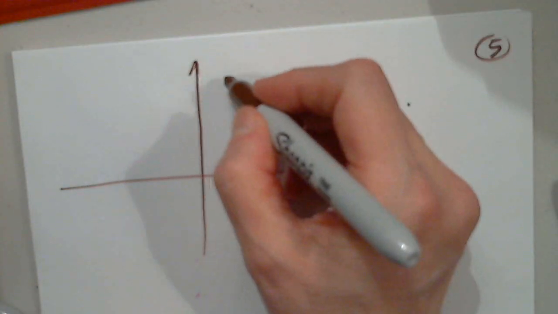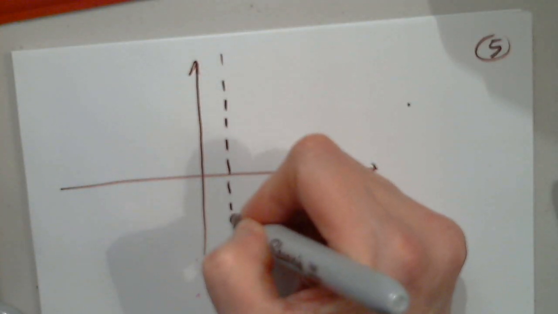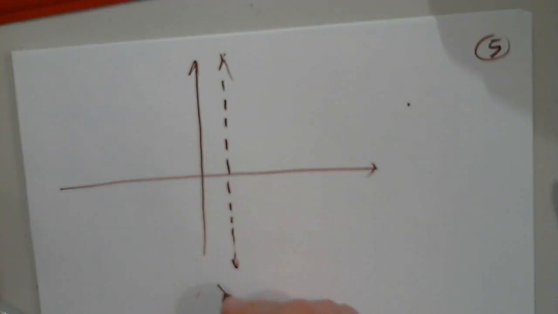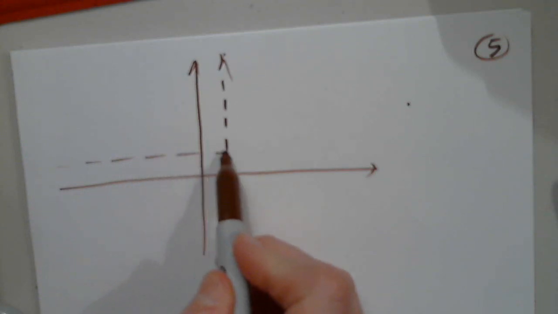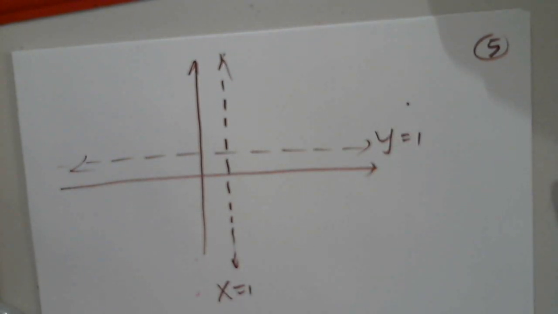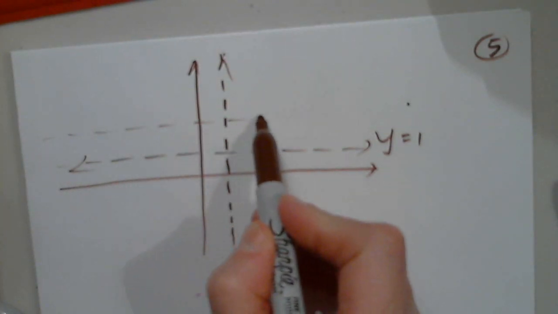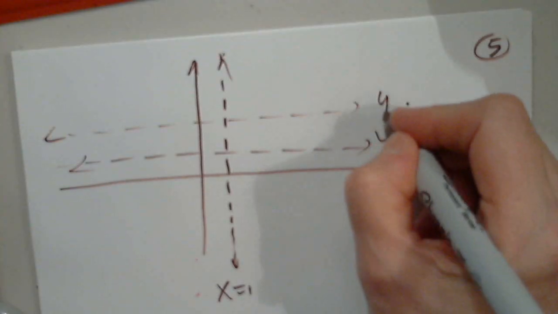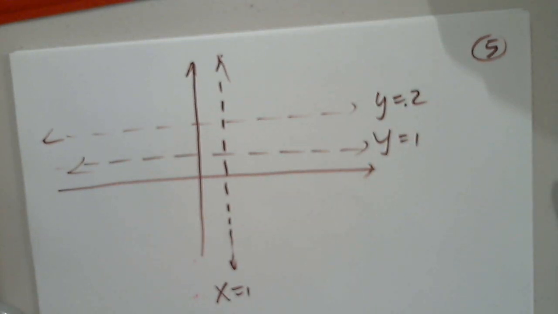So here it is. If we look carefully, we get x equals 1. We have y equals 1. And we also have y equals 2. These are so-called horizontal asymptotes.